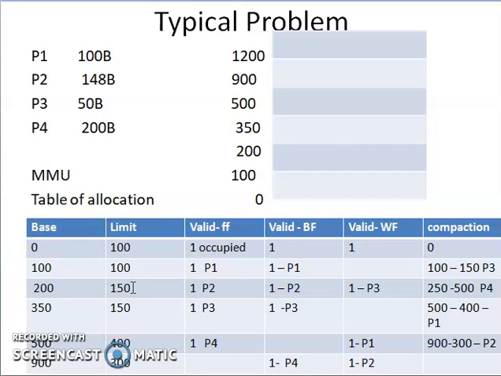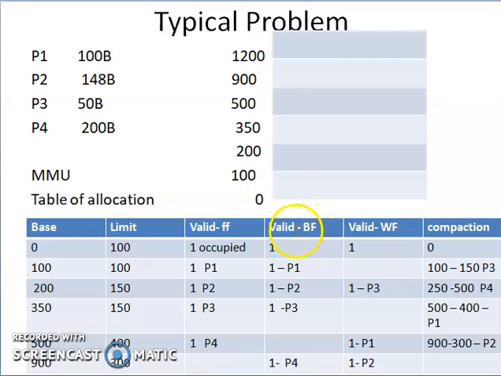Why? Because 2 bytes cannot be allocated to any process. So this kind of hole in the memory is known as the internal fragmentation problem, which exists in the continuous memory allocation method.